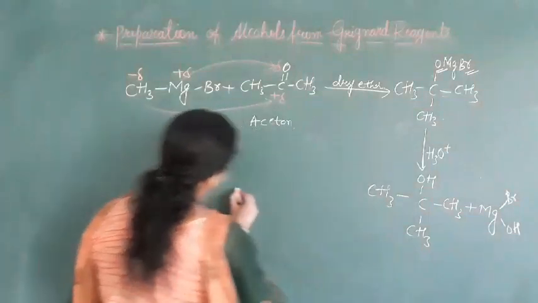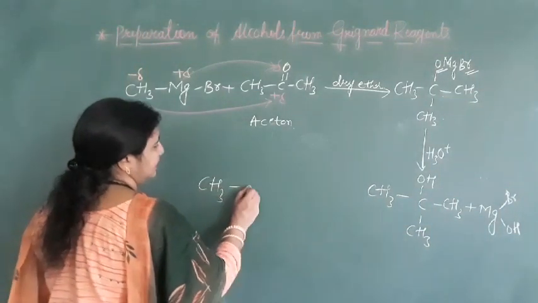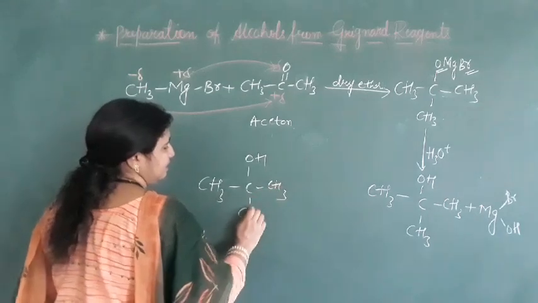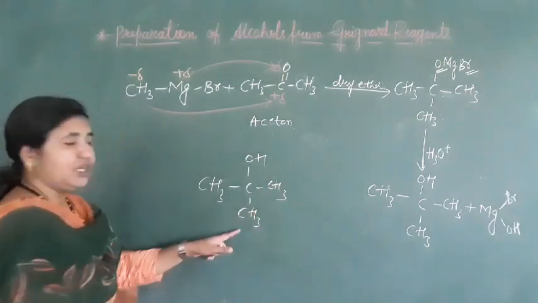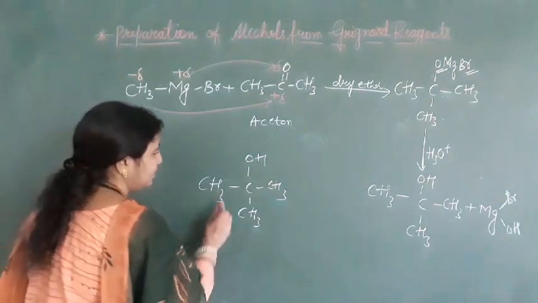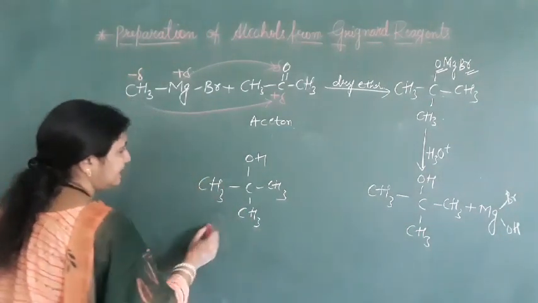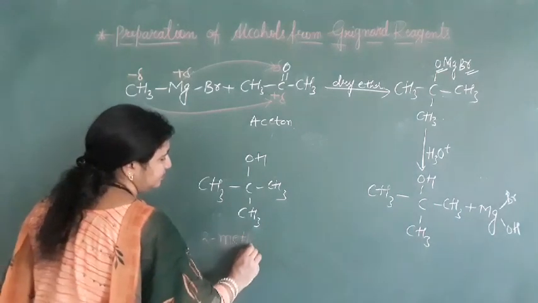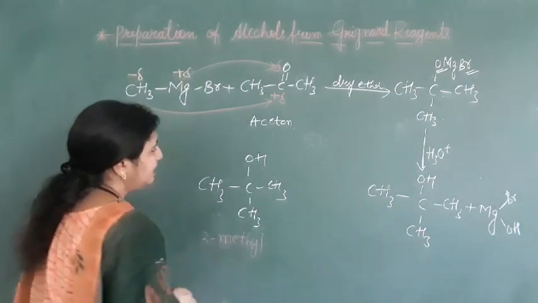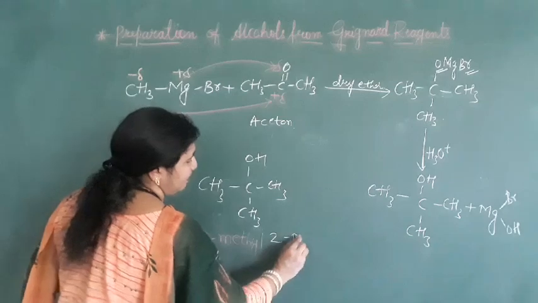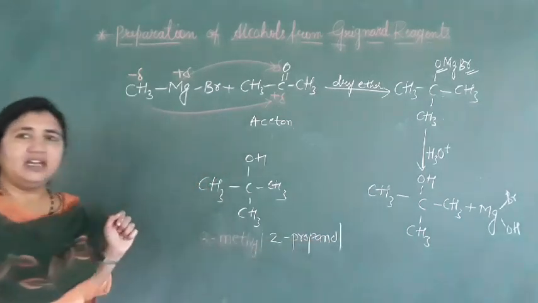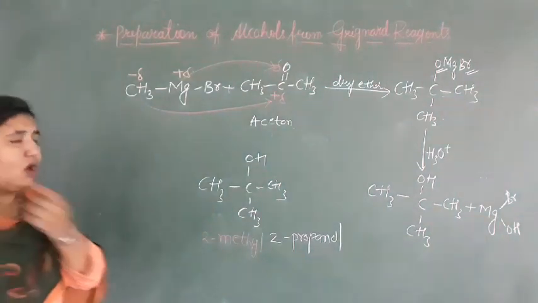So here we are getting a tertiary alcohol. See here, CH3 COH CH3 and CH3. What is this one? This is a tertiary alcohol. If we want to write the name, it is 2-methyl 2-propanol, or 2-methylpropan-2-ol, both are correct.